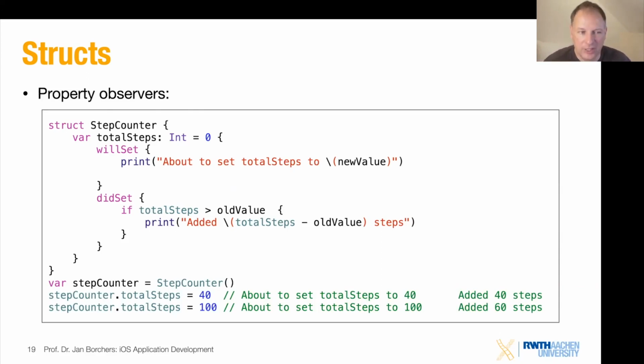So let's say we have a struct that's called StepCounter, and it has a property called totalSteps that is of type Int, and we initialize it to 0 by default unless the user tells us something else. We don't write any custom initializer, so the standard one gets synthesized for us.